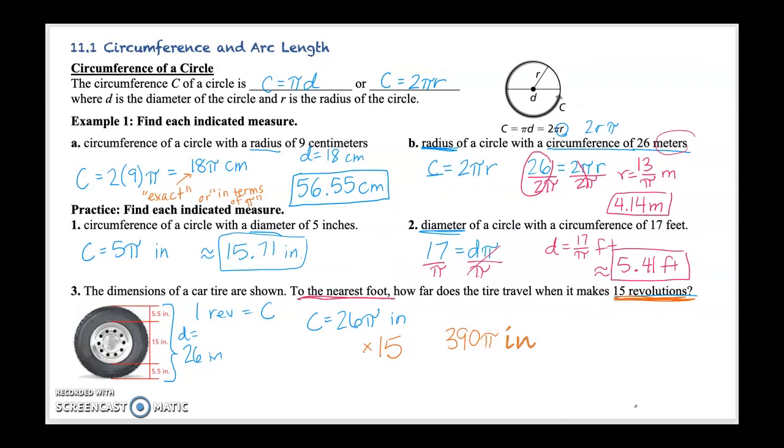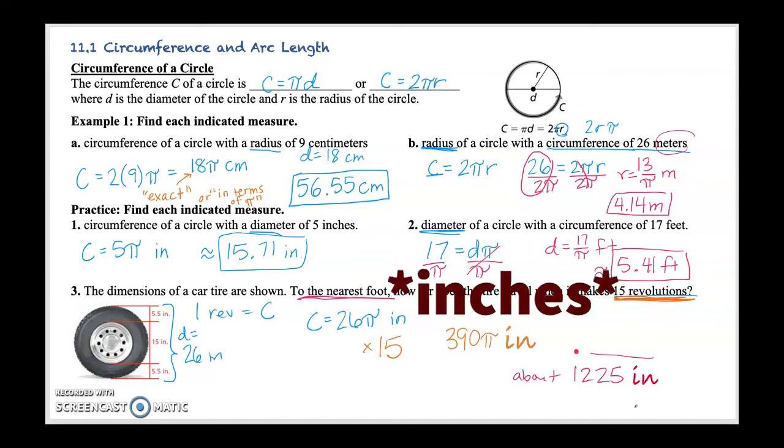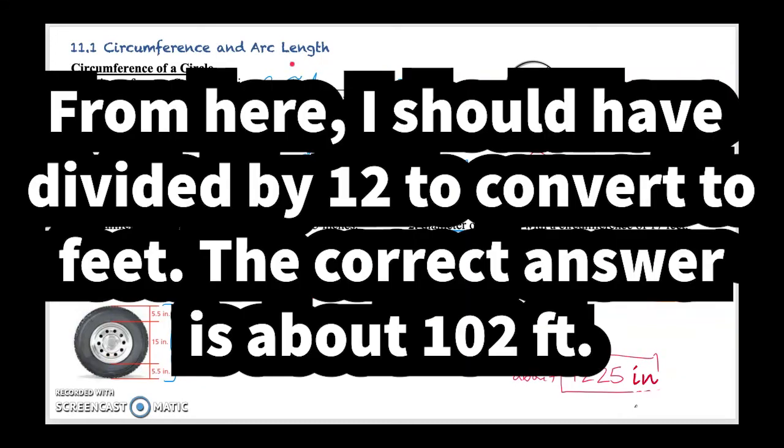So we would put this in our calculator and do 390 times pi, which gives us 1225.22. So to the nearest foot, this gives us about 1225 feet. Alright, good. So we'll stop this one here, and then we will go on to talk about arc length in the next one.